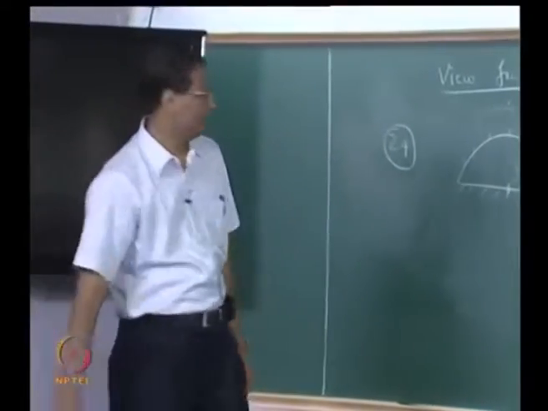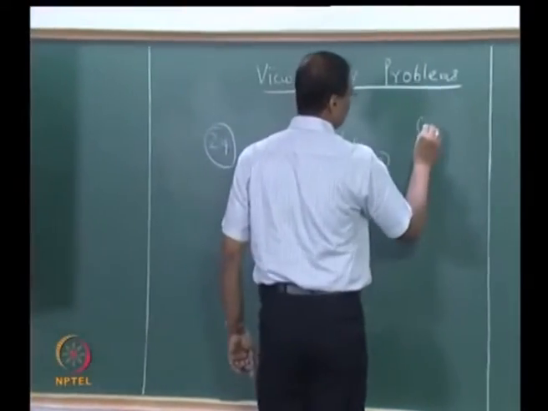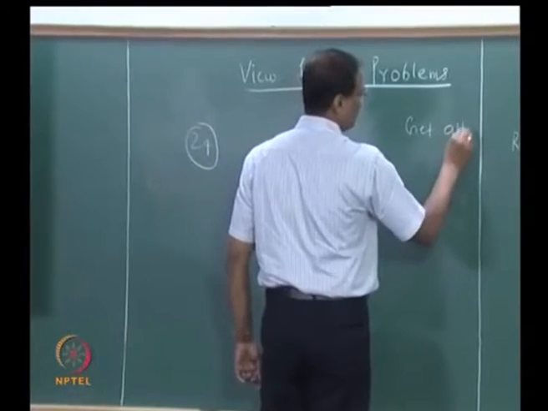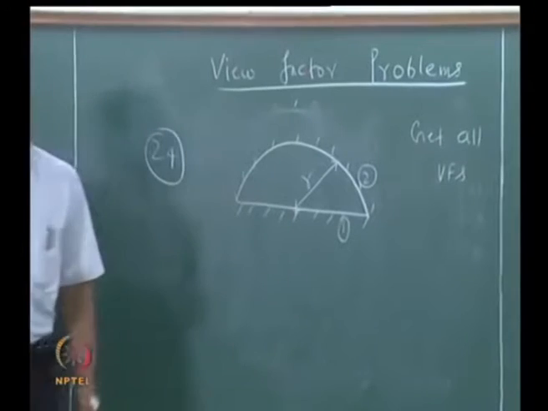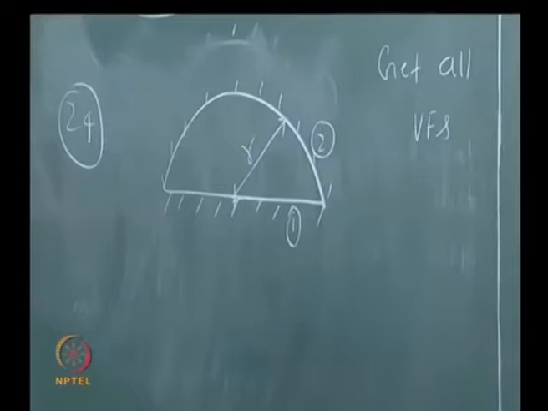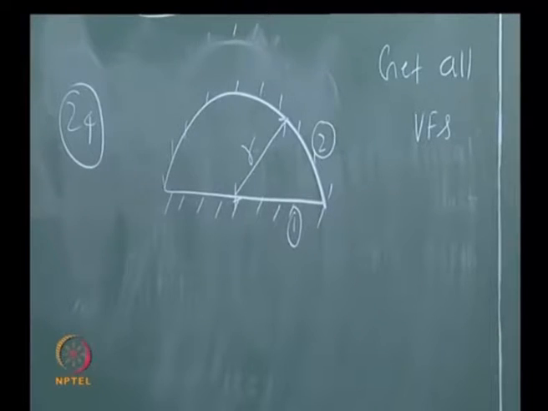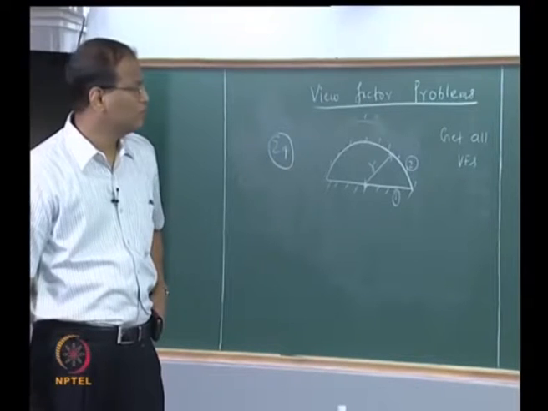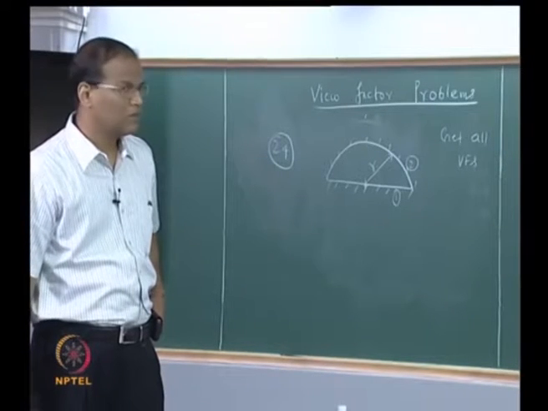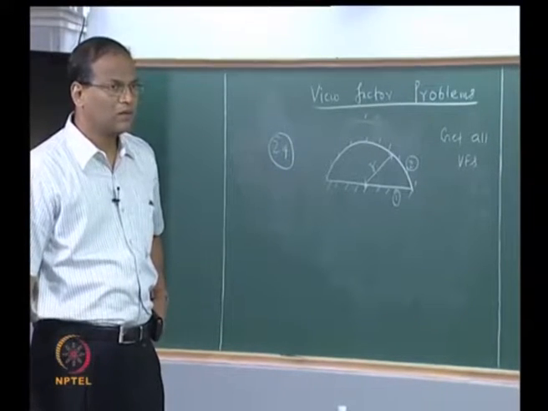Get all the view factors. If I get 1, I can use that sum rule and break it down. Symmetry.